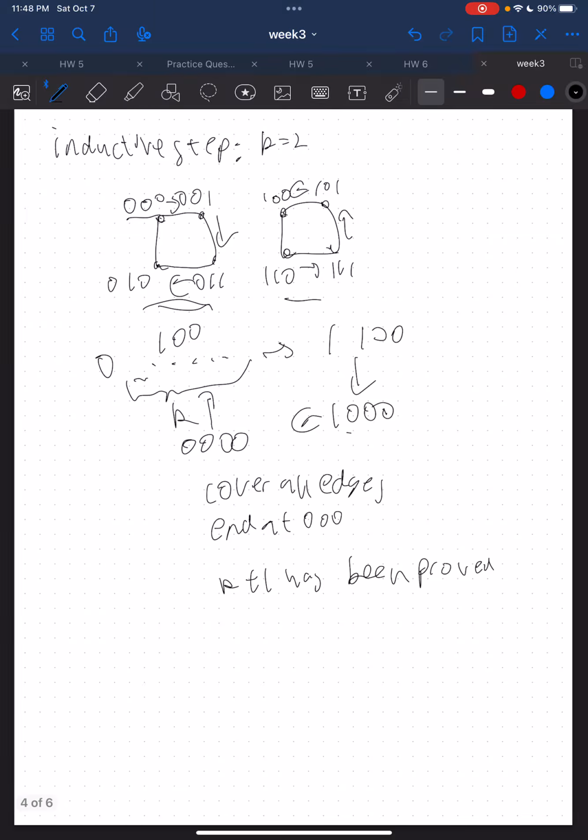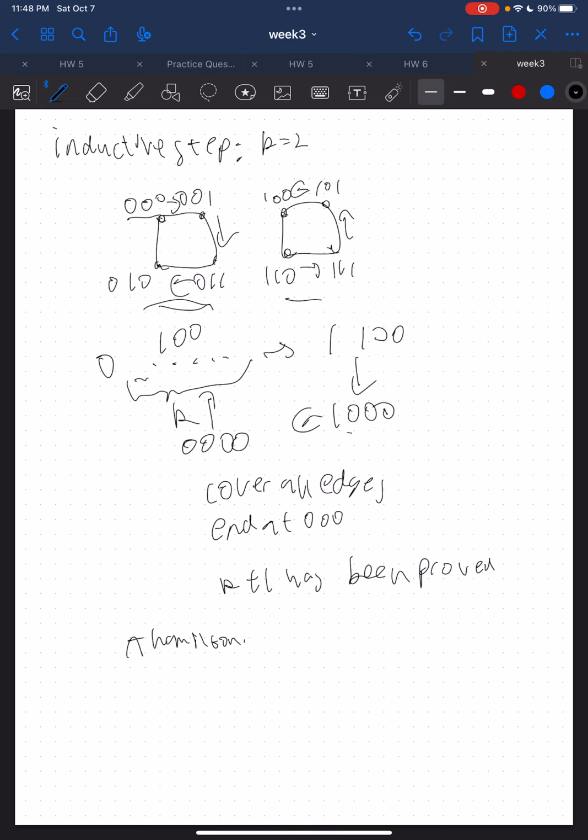And this will make a Hamiltonian cycle covering all the vertices on the new k plus 1 hypercube. And therefore, we have a Hamiltonian cycle exists on all hypercubes because we proved it for k plus 1.